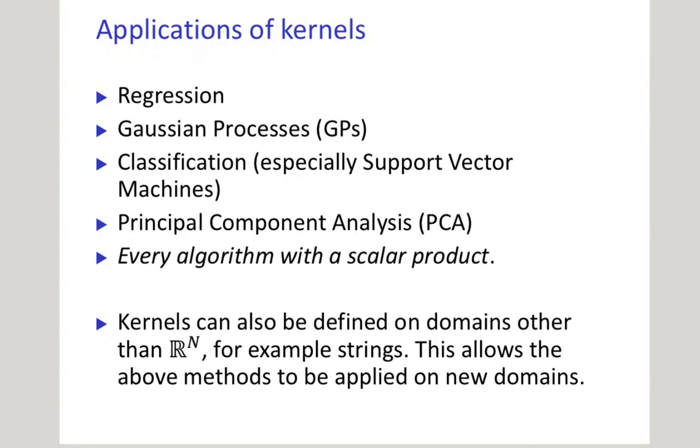Many other machine learning algorithms that use scalar products, or that can be rewritten to use scalar products, for example principal component analysis, can be represented in dual form, and thus kernels can be introduced in that algorithm. Another very useful property of kernels is that we can define them on arbitrary domains. For example, we could define a kernel that computes the edit distance between two character strings. Then, we could use this kernel to do classification on strings.